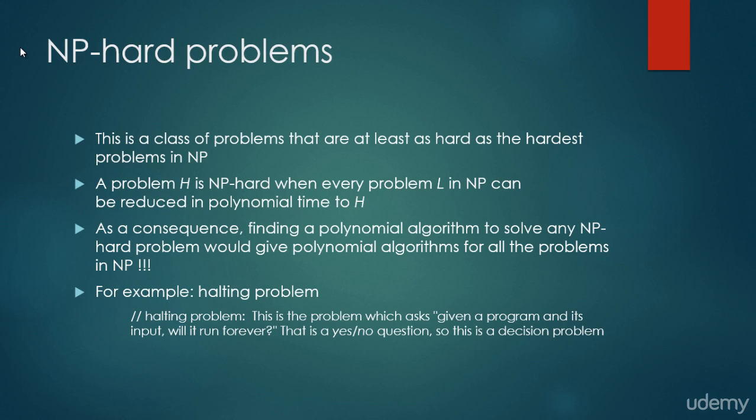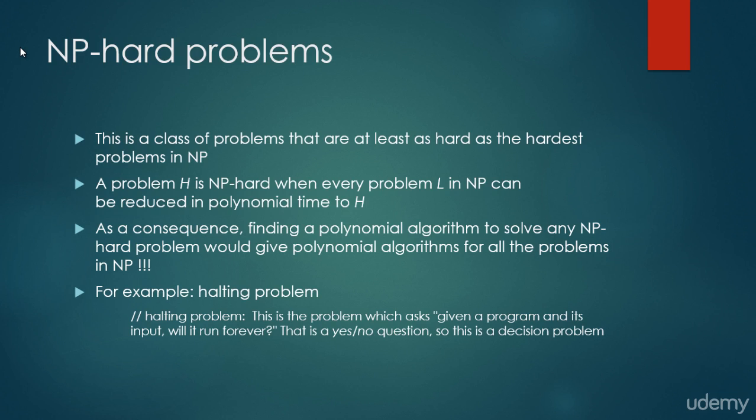The NP-hard problems are a class of problems that are at least as hard as the hardest problems in NP. A problem H is NP-hard when every problem L in NP can be reduced in polynomial time to H. As a consequence, finding a polynomial algorithm to solve any NP-hard problem would give polynomial algorithms for all the problems in NP. So it would be the best if any of you could find a polynomial algorithm to solve any NP-hard problem, such as the halting problem.